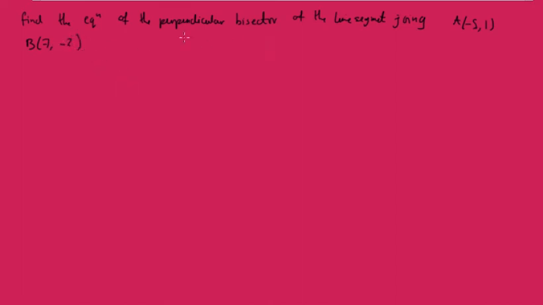So we know if it's a perpendicular bisector, the line that we want, if we multiply the gradients of these two lines, we'll get -1. So let's find the gradient of line AB. So y2 minus y1 over x2 minus x1: -2 minus 1 over 7 plus 5 will give us -3 over 12, which is -1/4.